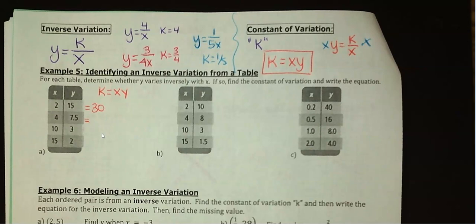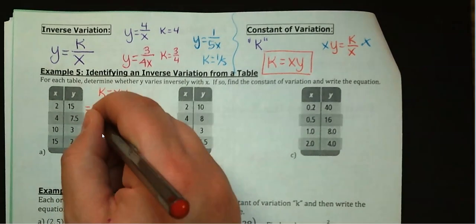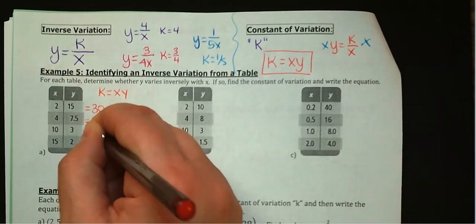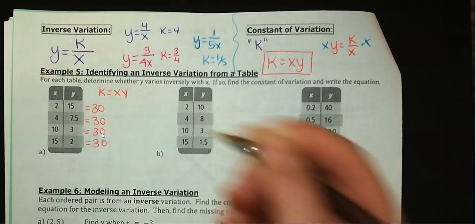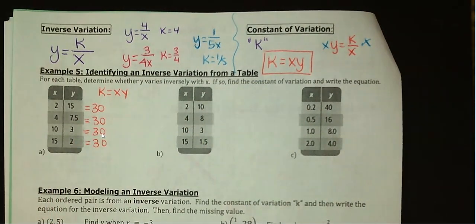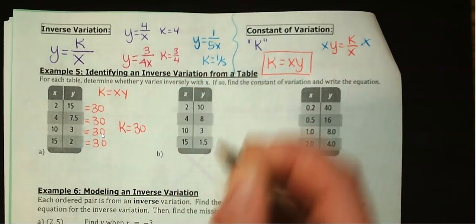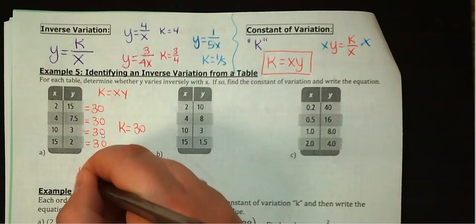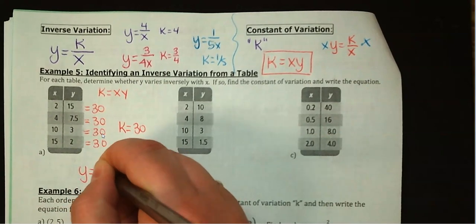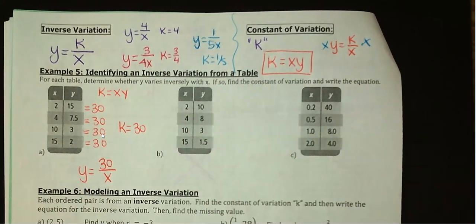So 4 times 7.5, that would also be 30. 3 times 10 is 30, 2 times 15 is 30. As long as they're all the same, that's your k value. So for this first table, k would be 30. Now, when you write the equation, if it's inverse, it's y equals that number 30 over x.